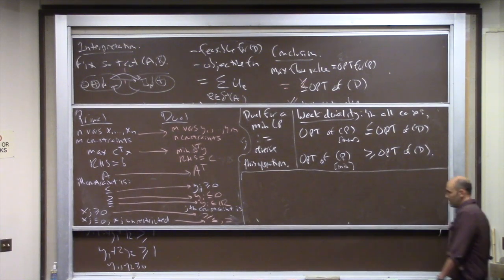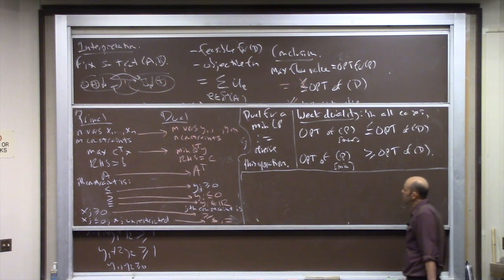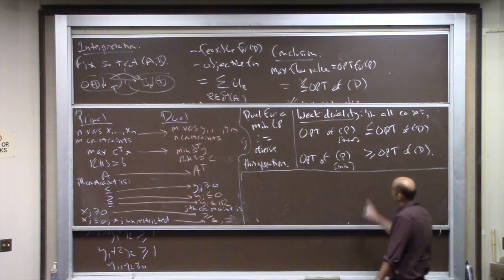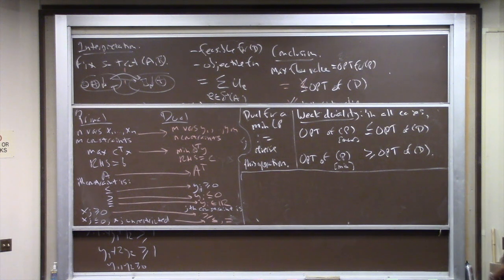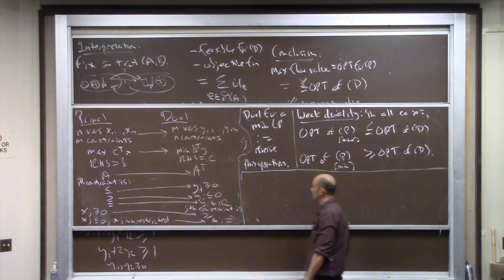So as I mentioned, there's this thing called strong duality, which we'll do a proof sketch of on Tuesday, which says that there's never a gap, that these inequalities always hold with equality. But even just knowing weak duality, which at this point we've proved, has some really interesting corollaries.